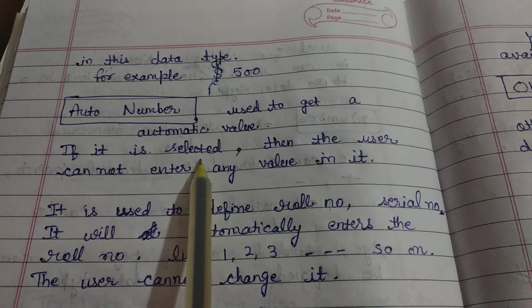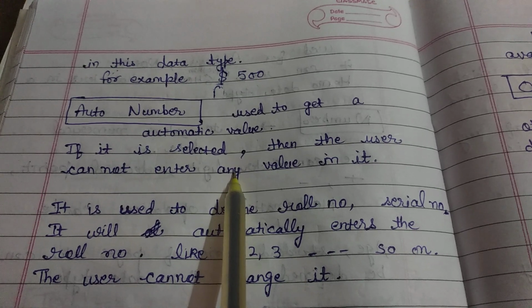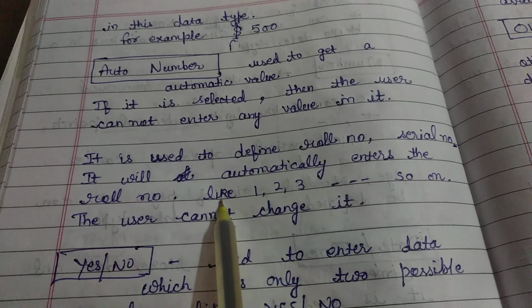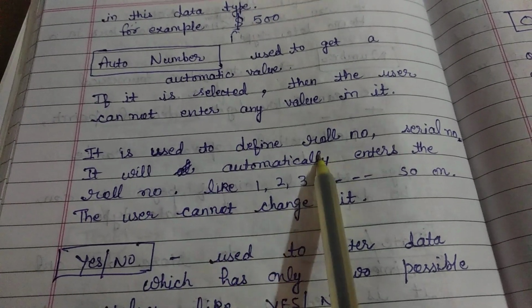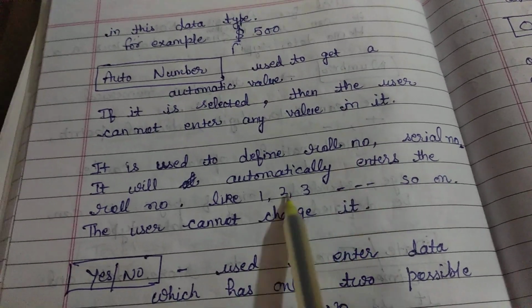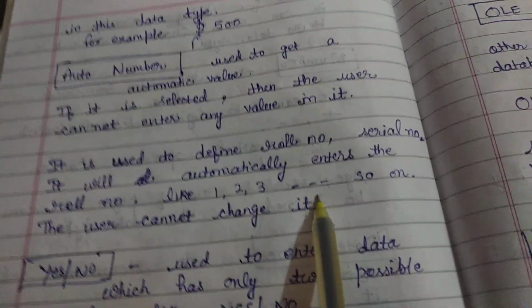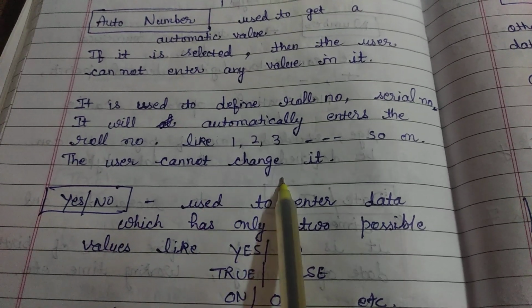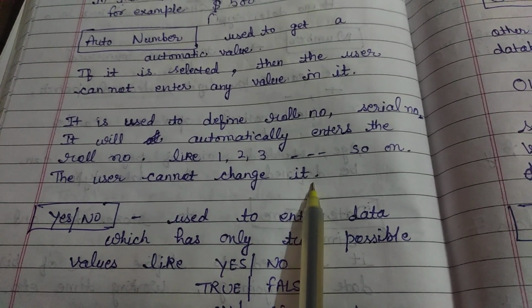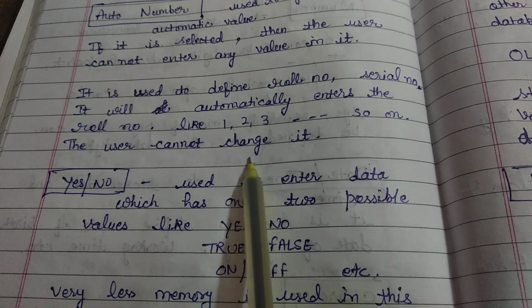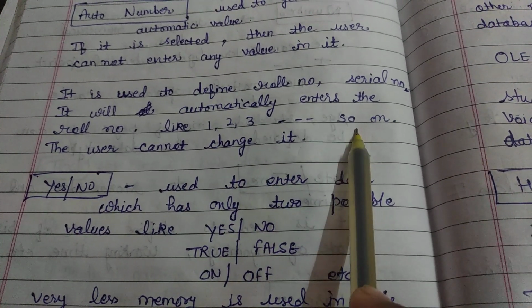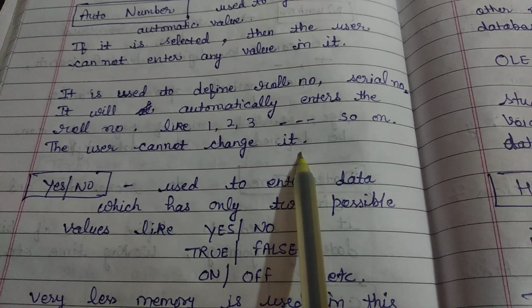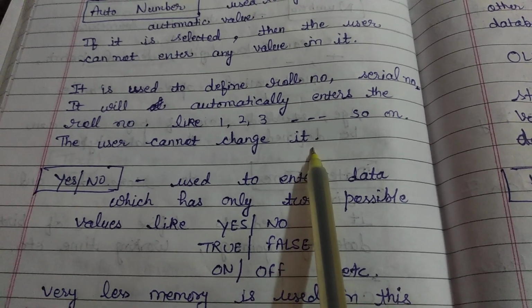Okay, it will automatically give you the number sequence. For example, it is used to define roll numbers 1, 2, 3. Automatically it will give you serial number. Okay, and the user cannot change this serial number because you have taken the auto number as data type.